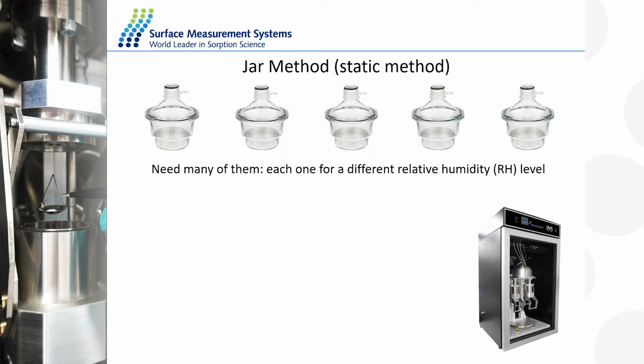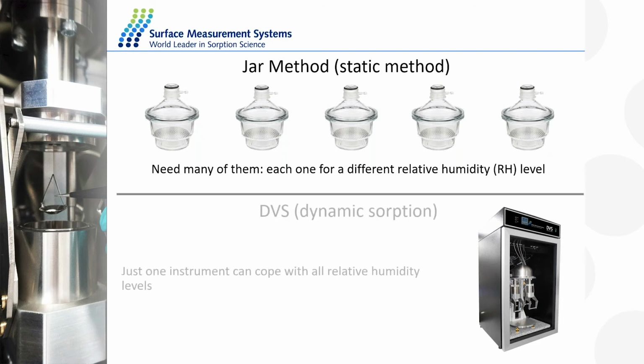I will then move a sample of known mass inside the desiccator, and I will wait for a couple of days. After a couple of days, I can remove the sample, put it on a balance, read the mass, and put it back into the desiccator, and repeat the process until my mass reading becomes constant. Every single desiccator reads a constant relative humidity and also gives me a mass change per each point. That allows me to build up an isotherm.